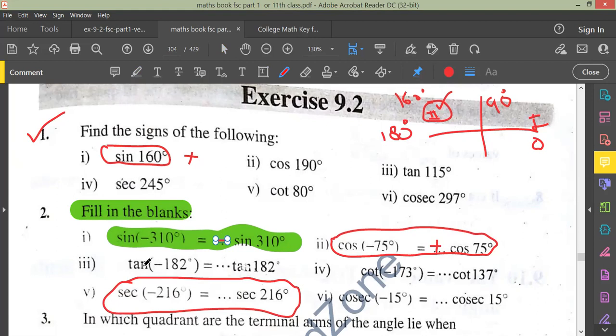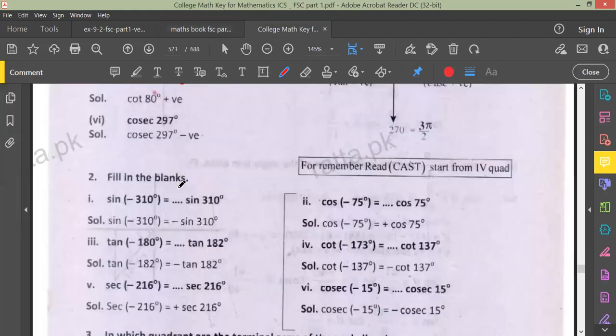Similarly, tan of minus 180 will be minus. This is the complete solution of question number 2. This will be minus, this will be minus, this will be positive because this is cos, this will be minus, this will be minus, and this will be positive because this is a secant.